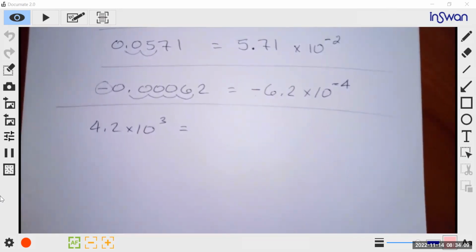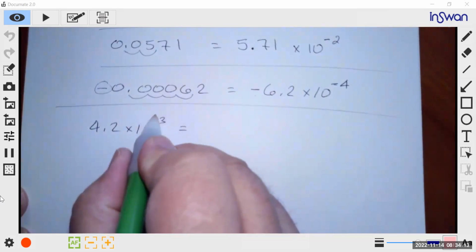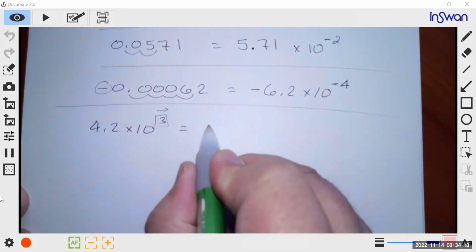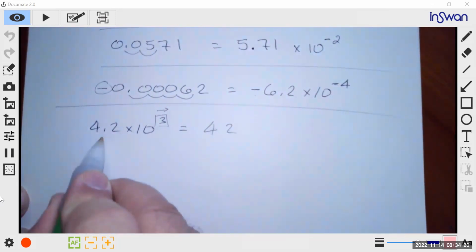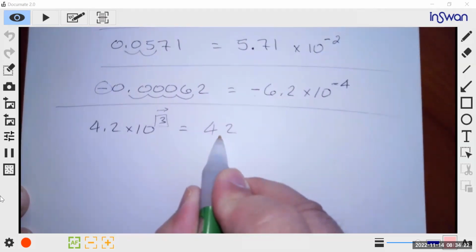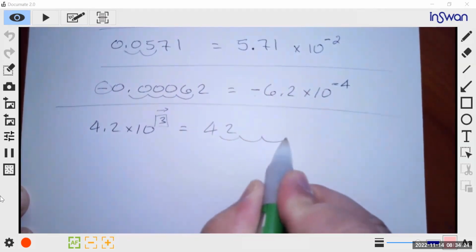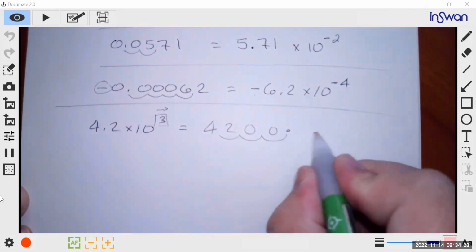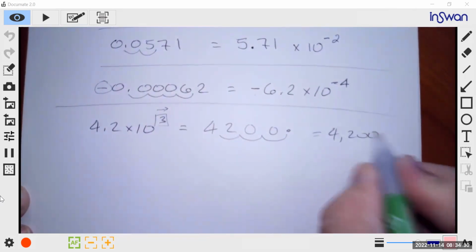Is it going to move to the right or to the left? Since it's positive, the decimal is going to move to the right. We have 4.2, so let's move 3 spaces to the right. 1, 2, 3. So the answer is 4,200.